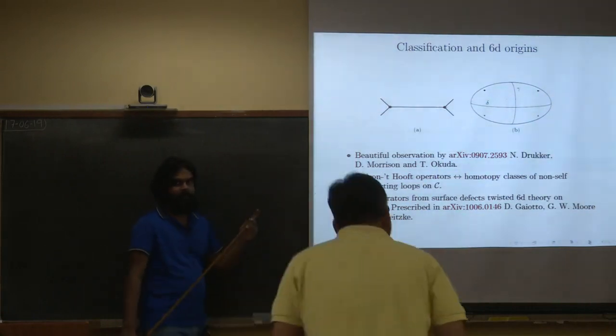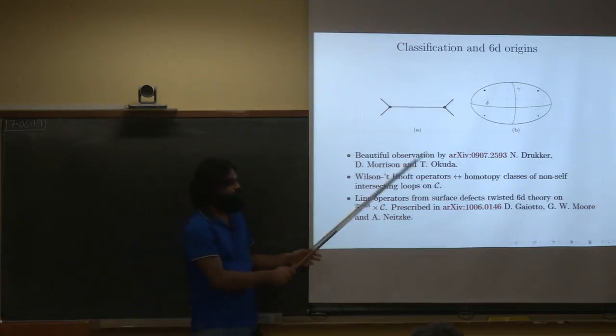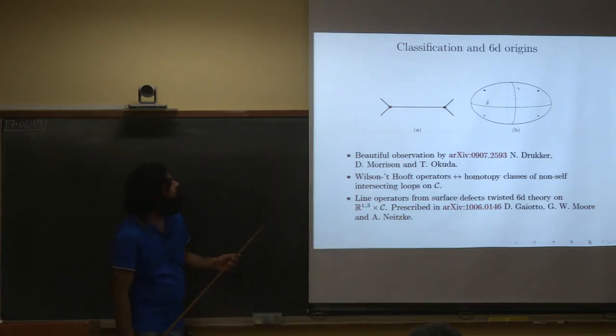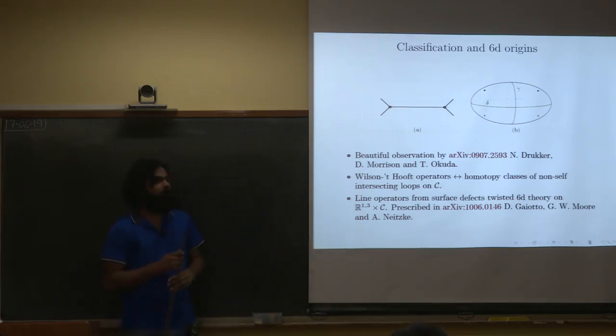For higher rank theories, it's conjectured, it's hoped, but still not proven that this classification holds for all ranks. So that's one thing we can test using holography, because in holography we work in the large N limit, so we are working with higher rank gauge theories.